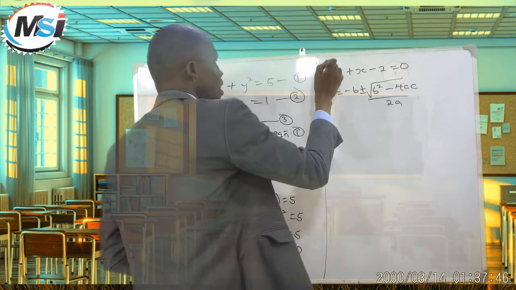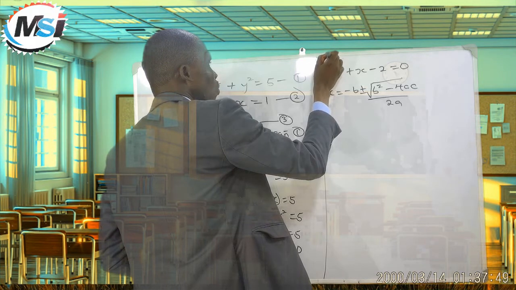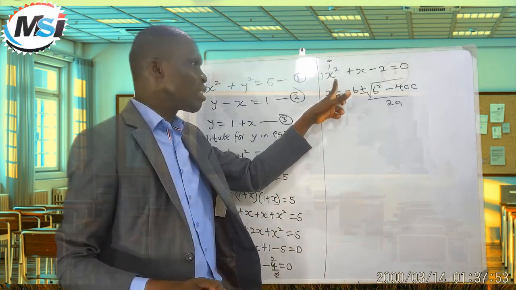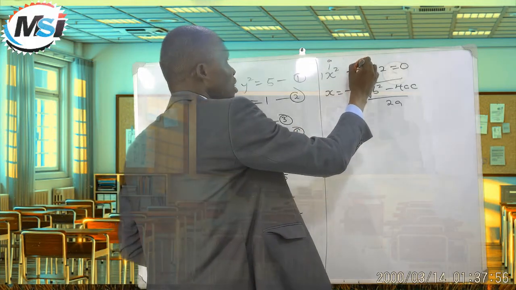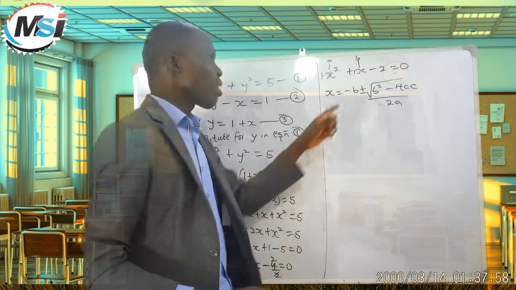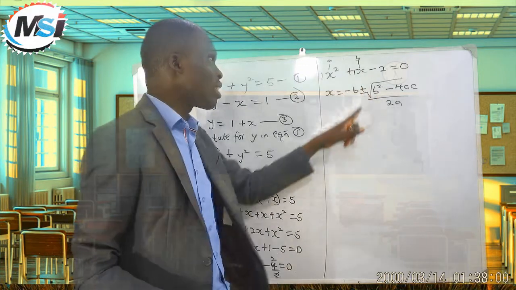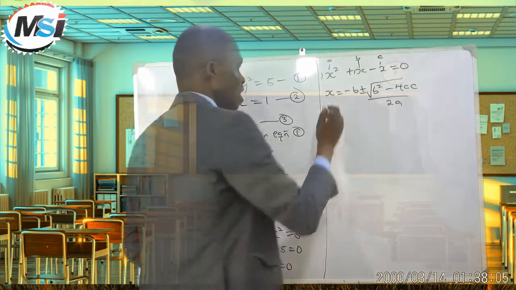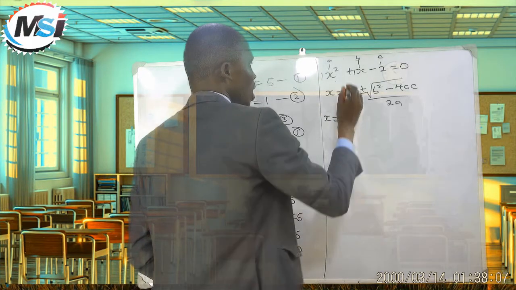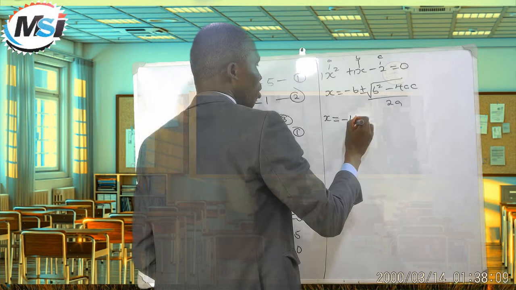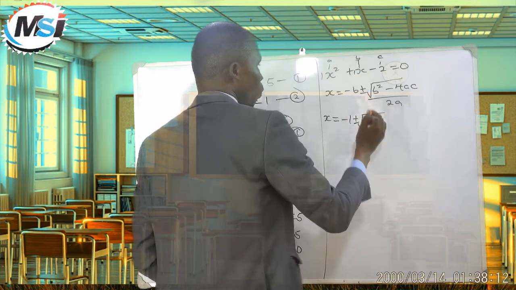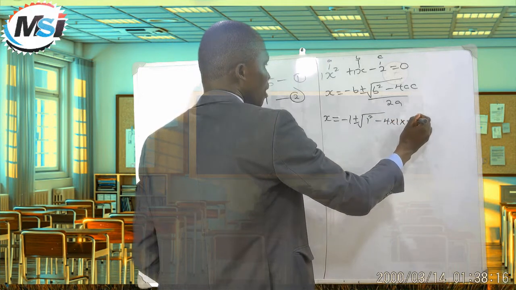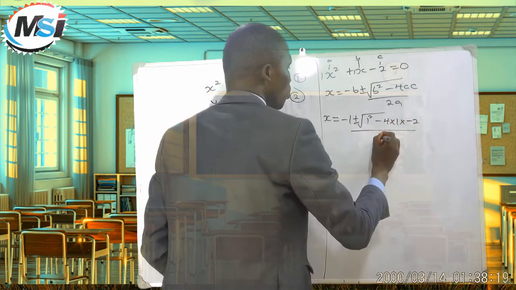From here a is 1 because the coefficient of x squared is 1, b is 1 because the coefficient of x is 1, and c is minus 2. So that is how to do it. x will give us minus 1 plus or minus root of 1 squared minus 4 times 1 times minus 2, divided by 2 times 1.